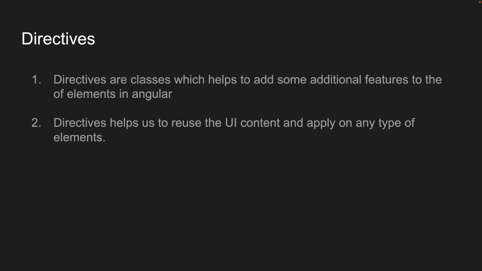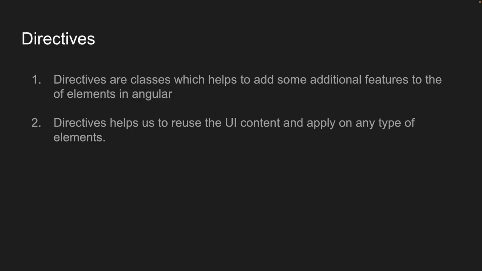By using this directive, we can add it to any element or any component. You can apply some set of changes, and it will make additional changes to the current element where you are applying this directive. These directives help us create reusable UI content and apply it to any type of element at any point of time. So that's about directives, and that is the purpose of directives.